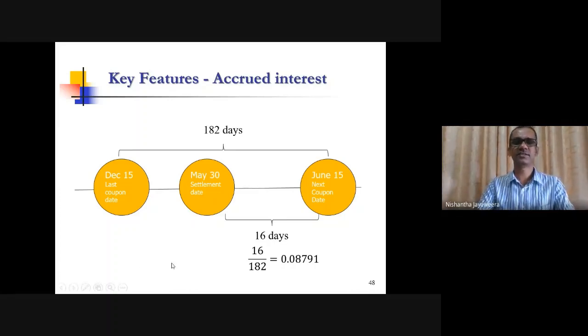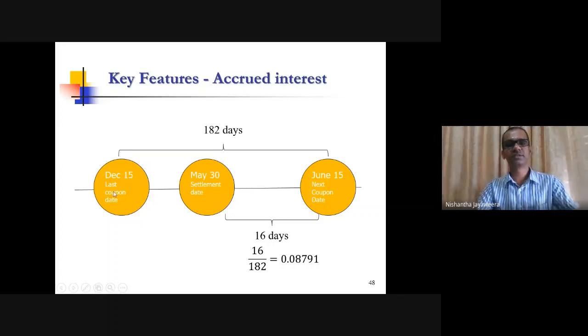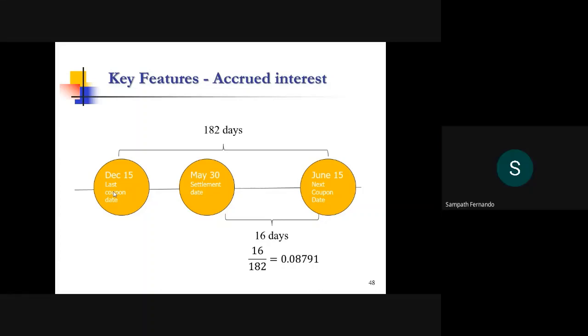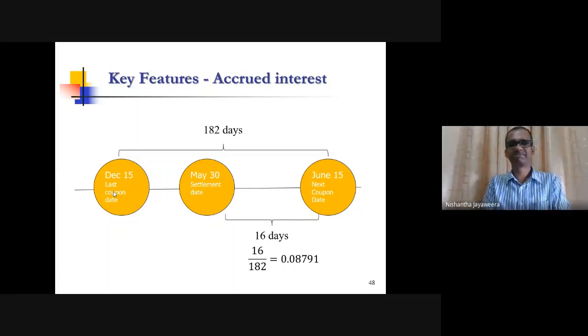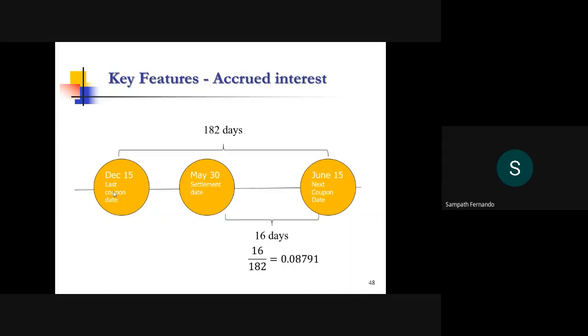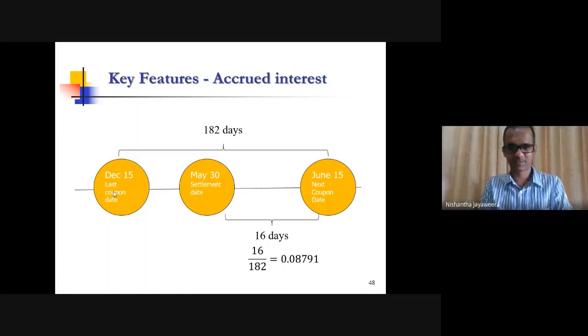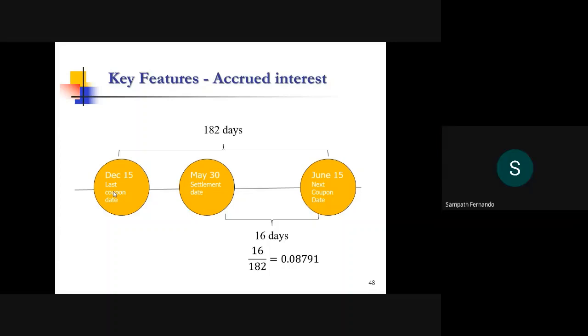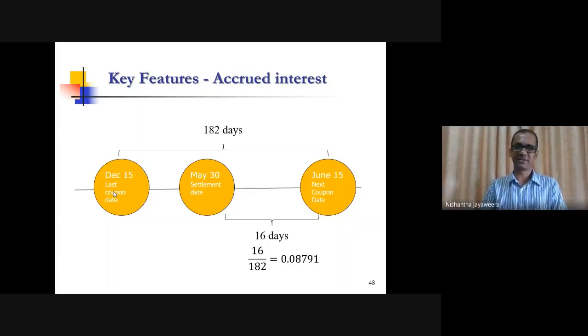So in this case, to get 182 days, what you have to do? December 15th to December 31st. How many days? 16. Is it correct? I usually take 16, but it can be taken as 17 also. You can add that last day as well.